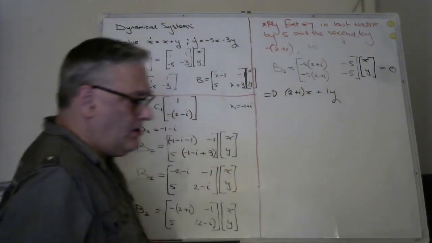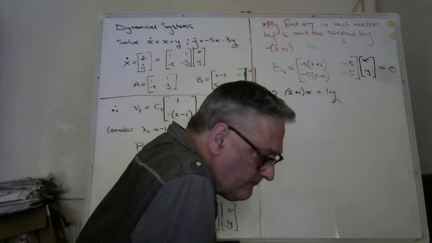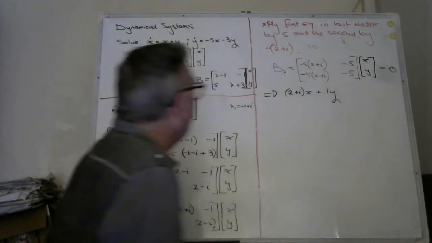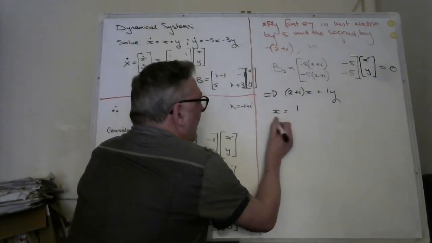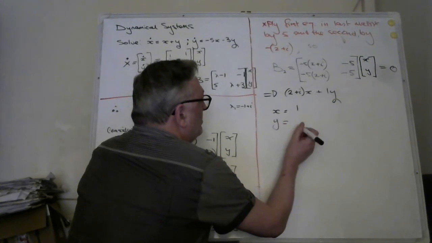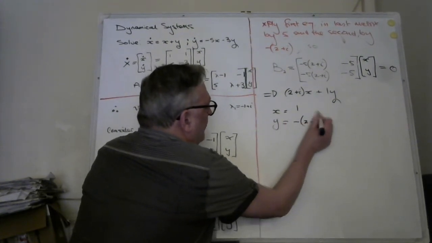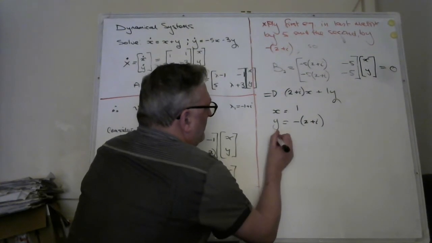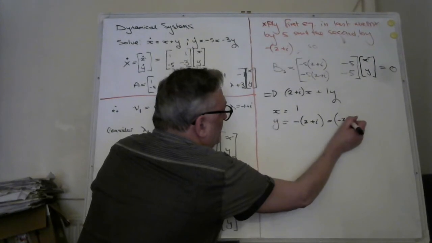And so what they did in the book was to choose x to be equal to 1 and y to be equal to minus 2 plus i. Or if you like, equal to, in brackets, minus 2 minus i.